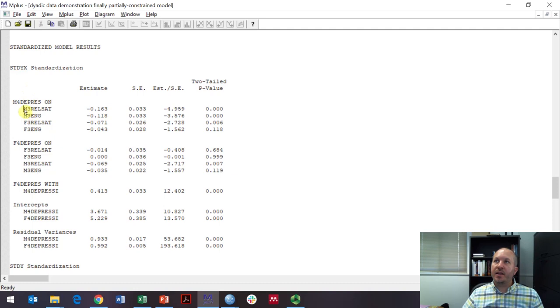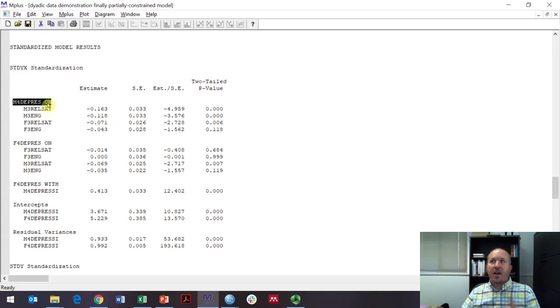But for mothers in here, their reports of relationship satisfaction are significantly associated with depression. So in this one we have at wave 3, mother's reports of relationship satisfaction, as that goes up 1 standard deviation, that is significantly associated with a decrease of 0.16 standard deviations in their reports of depression 1 year later.